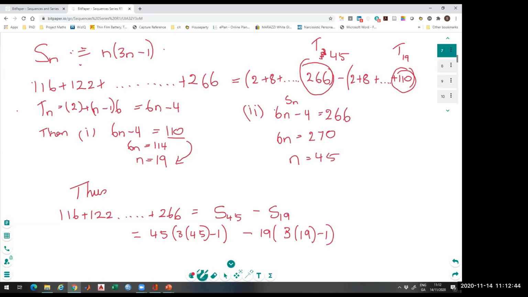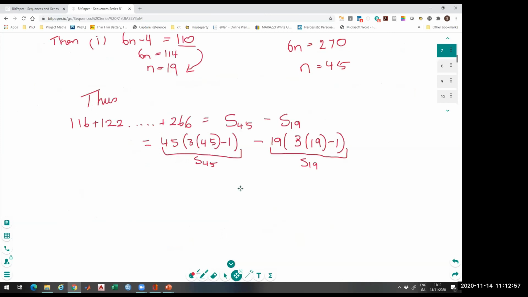Bear in mind that these are S of 45 and S of 19. And we calculate that, we get 45 times 134 minus 19 times 56, which is equal to 4966.